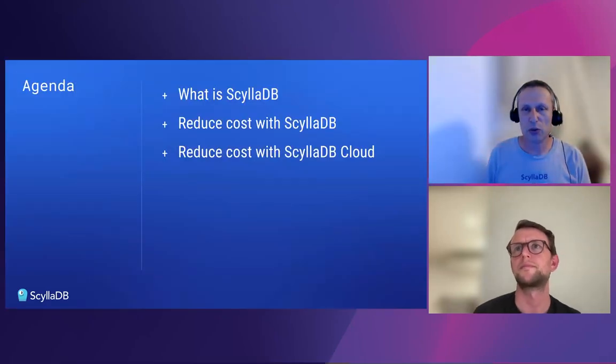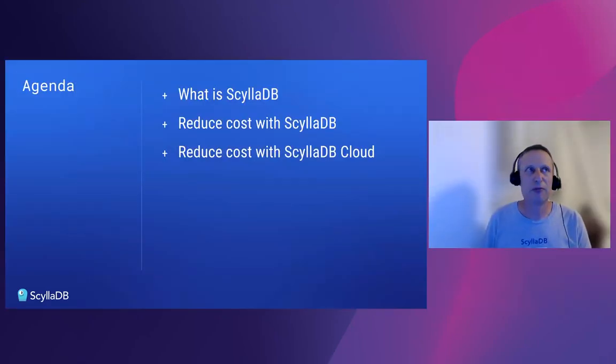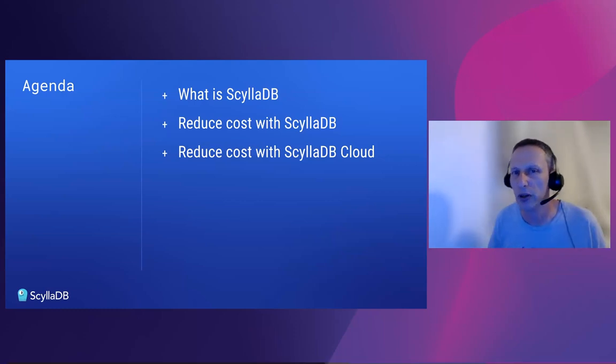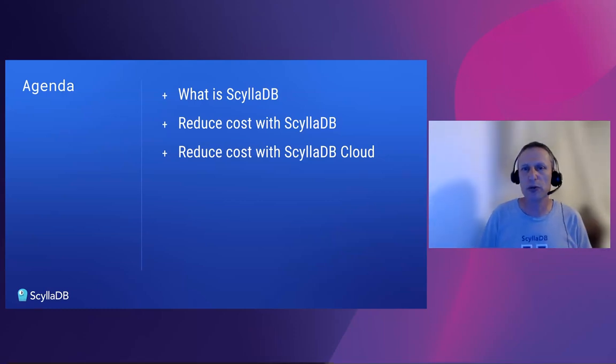Thanks, Michael. So what we're going to do in the next 45 minutes or so, I'm going to introduce ScyllaDB for those of you who are not familiar with it, the company, the product. Then I'm going to talk about how ScyllaDB database, or the core as we call it, helps you to reduce cost in the cloud. And then I'm going to switch to how ScyllaDB Cloud helps you to reduce cost.